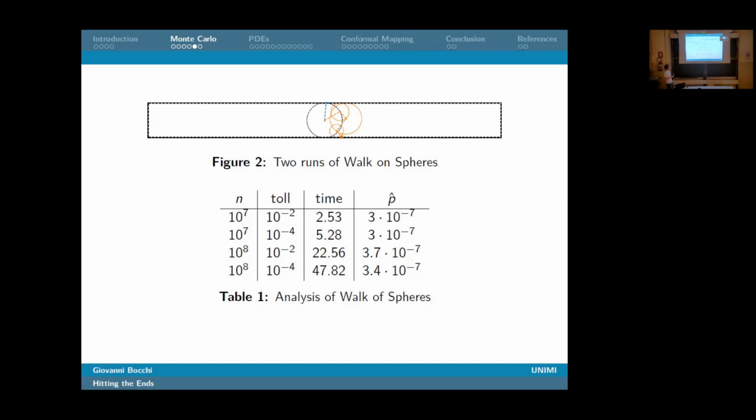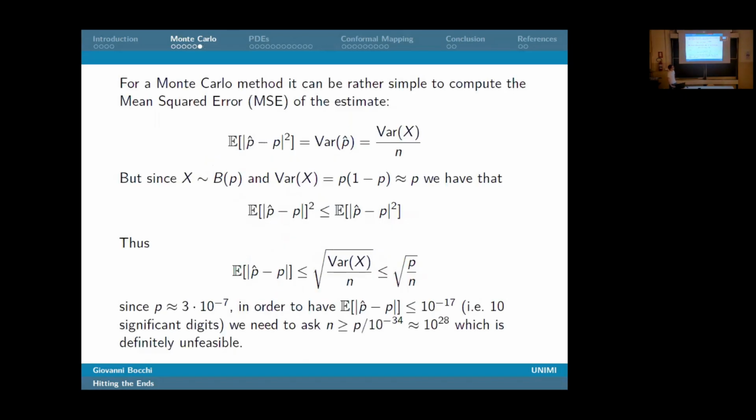And we see that with manageable times, we get those estimates for P that are clearly not very sharp, because in one case we get just 1 digit, and in the other we get just 2 digits, so probably just the first one is correct. And then we can say something about why this happens.